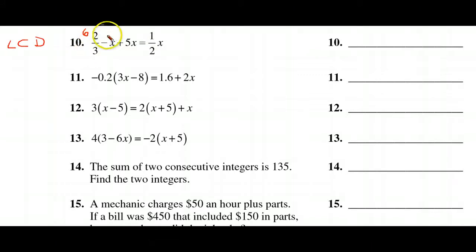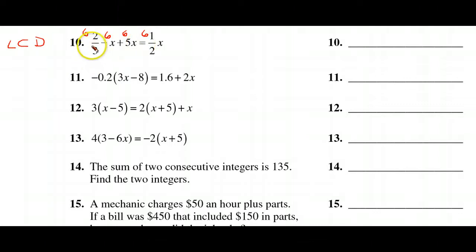So this is one term, this is another, this is another. And by the way, what I could have done here is just add these two together and get 4x. That would be good. But just leaving it the way it is, getting rid of all the fractions. And then here, I'm going to multiply this by 6 also.